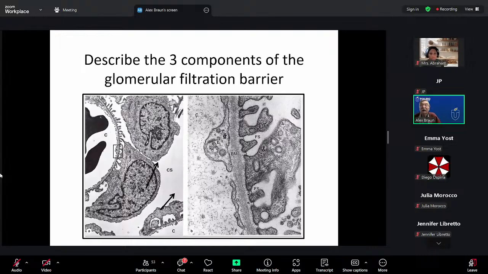So it is important to realize that the slit spaces are bridged by slit diaphragms, and they're visible here. The fenestra of the endothelial cells in the kidney are not bridged by a diaphragm. It is the slit spaces elaborated by the pedestals which are bridged by a slit diaphragm. And here it is in this figure.